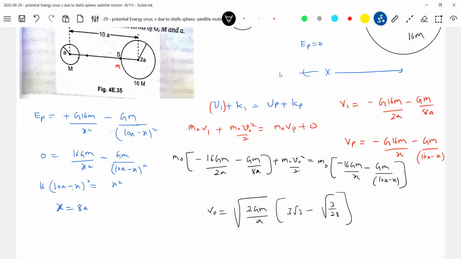If you want, you can take the root 3, 6 GMa, 3 minus 1 by root 28. You can also write that one. So this is the answer. Agree this one?